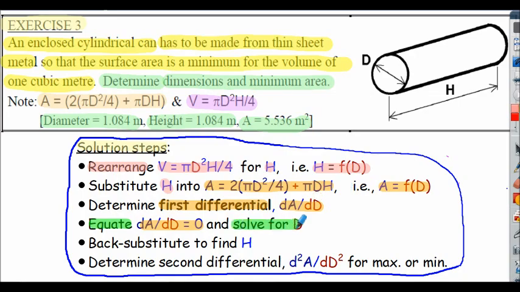We solve for the value of D. Then we back substitute the value of D into this equation to find the value of H. And finally, we determine the second differential, d2A by dD squared, to determine if we have a maximum or minimum turning point. So now I'd encourage you to stop the presentation and attempt exercise 3, but the full worked solution is shown on the following slides.